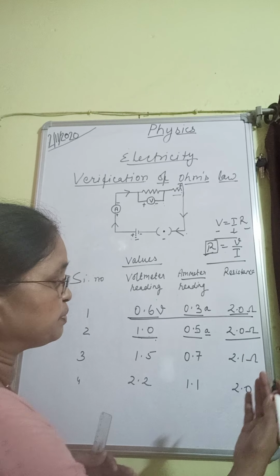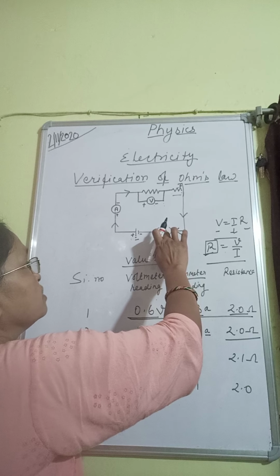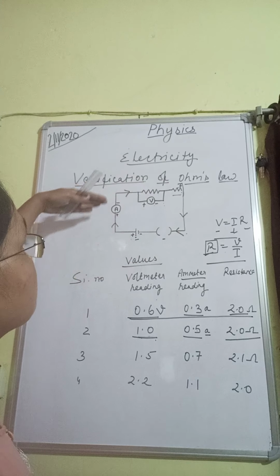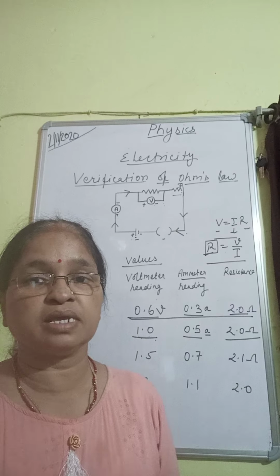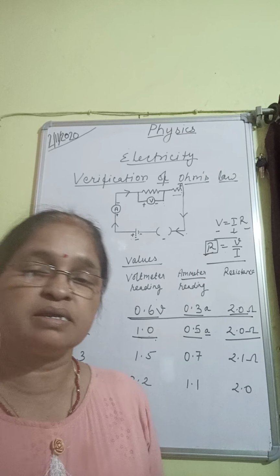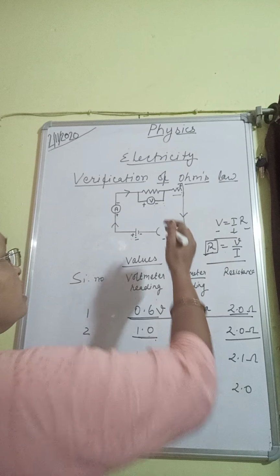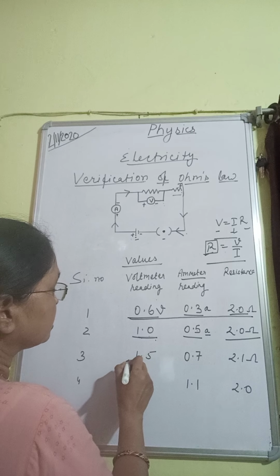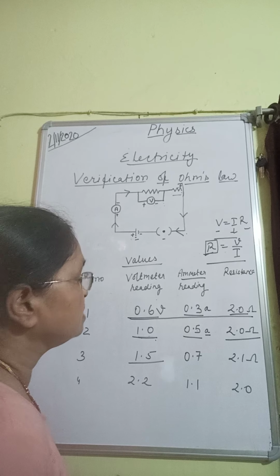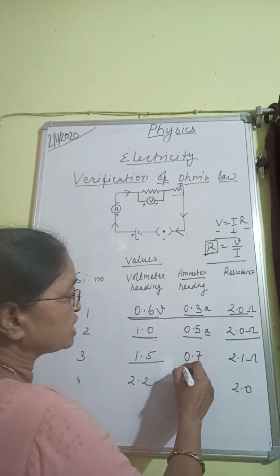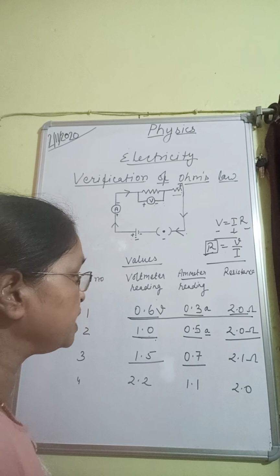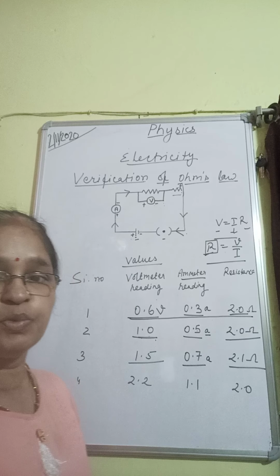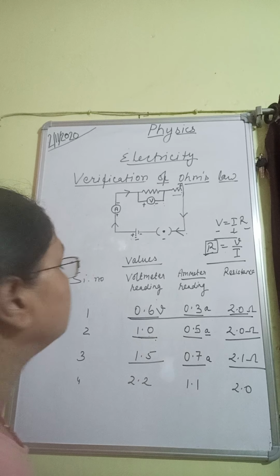Again next step, you plug out, so that nowhere in the whole circuit will the temperature increase and vary the resistance. Again you plug in, and suppose here I have taken 1.5 volt. The ammeter reading you will get is 0.7 ampere and you will get the resistance 2.1 ohm.